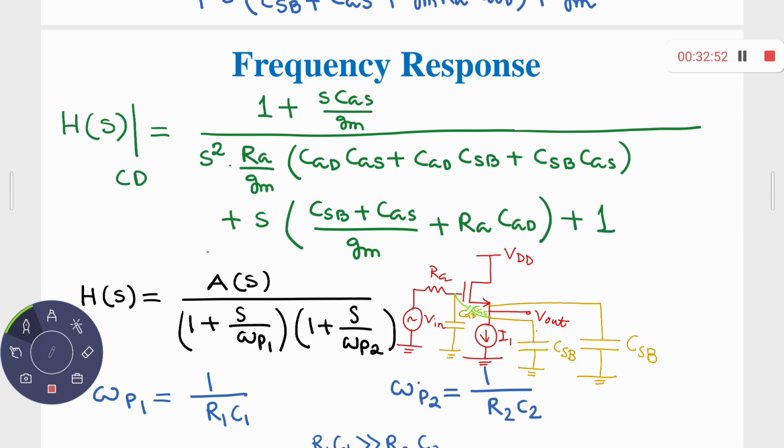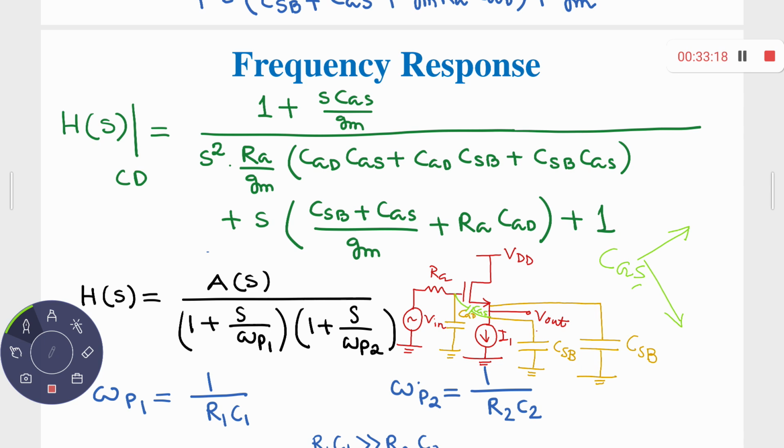Even if you consider drain is connected to AC ground and the body is also connected to AC ground or DC ground, for MOS, body is always connected to AC ground or DC ground. So this CGS capacitor, which experiences the Miller effect, goes into two different segments.